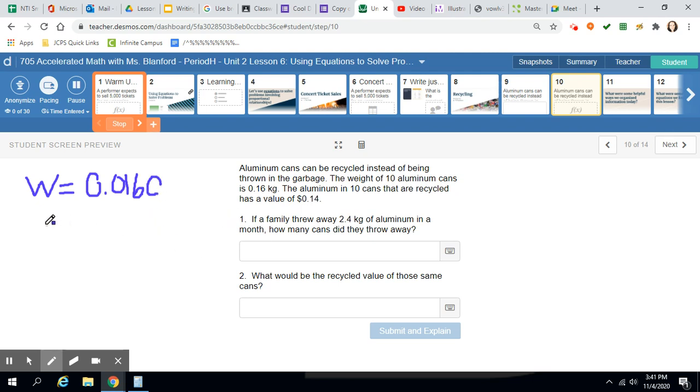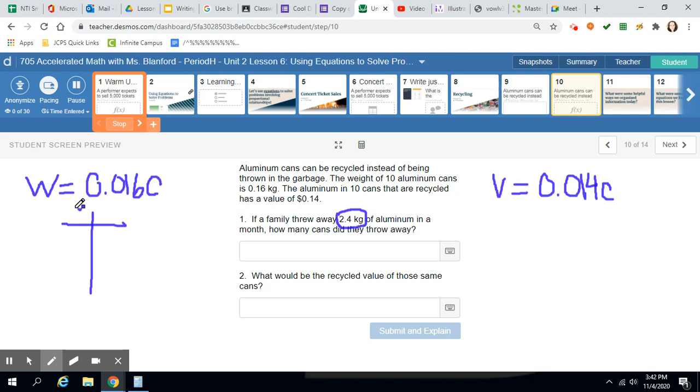We also knew that the value of the cans is equal to 0.014 times the number of cans. So it seems to me, when we're looking at this, we first have to know how many cans this is, right?